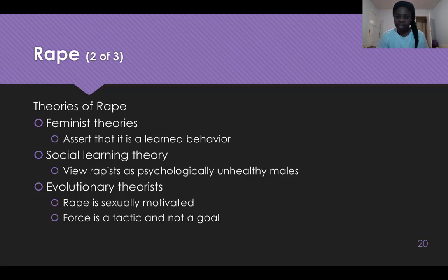Social learning theory. Social learning theory and feminist theory assert that rape is the result of male socialization, okay? How men are socialized. And if you are taking an intro to sociology class, remember, we are socialized right before, like during conception, okay?